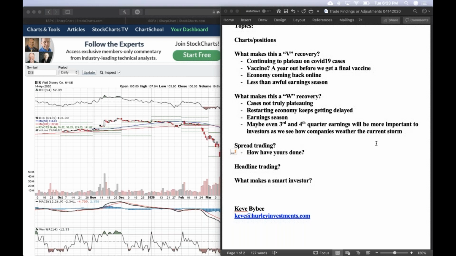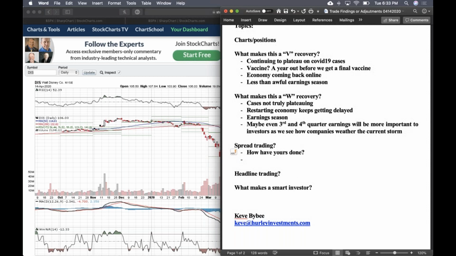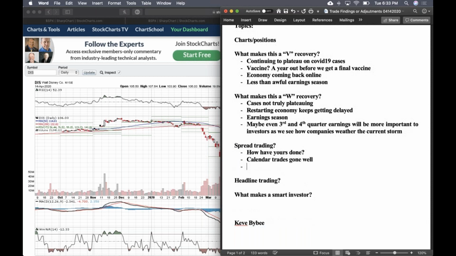Believe it or not, I have done well on some calendar trades. Good. So some calendar trades. And some naked bull puts. Far out of money.